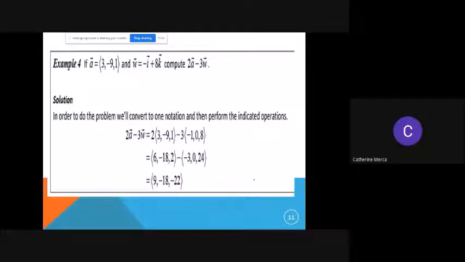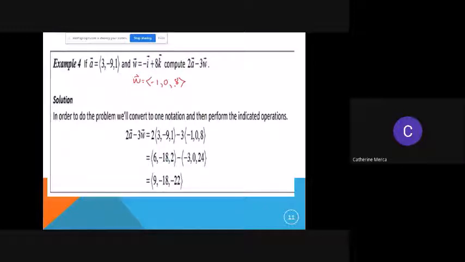If you are asked to compute for 2a minus 3w, we have 2 times the vector a, which is 3, negative 9, 1. The vector w, negative i plus 8k, can be rewritten as negative 1 for the coefficient of i, 0 for j, and 8 for k.